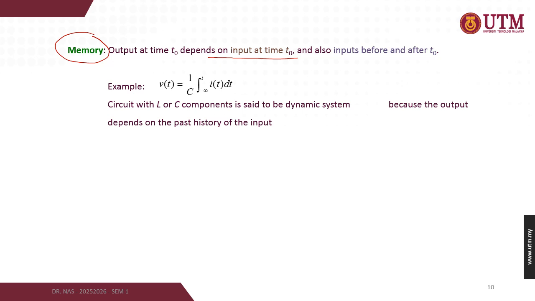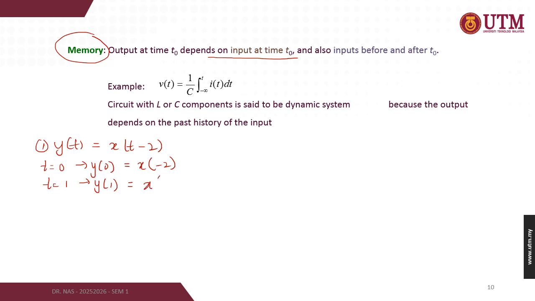For example, y(t) equals x(t minus 2). If we try t equal to 0, you get y(0) equals x(minus 2). If t equals 1, y(1) equals x(1 minus 2), which is x(minus 1).